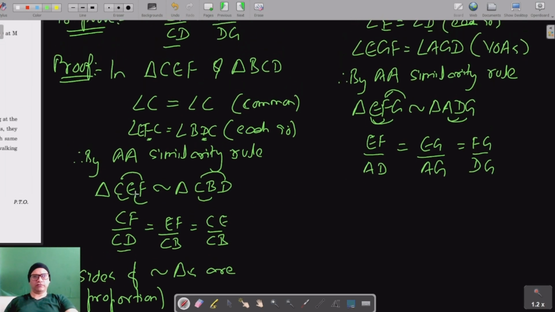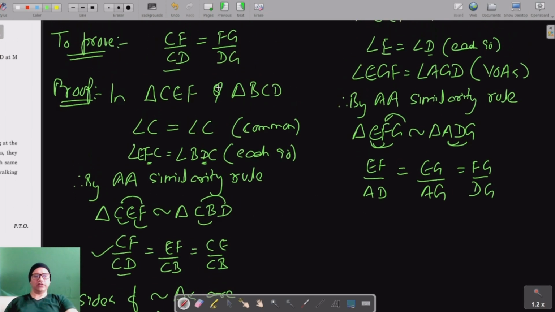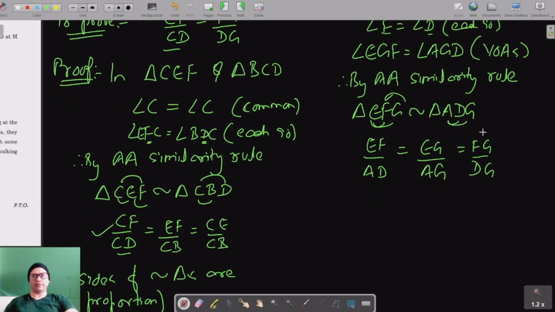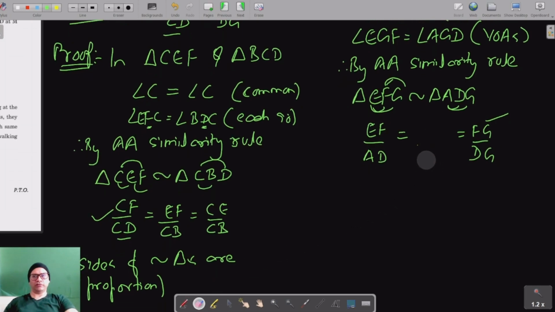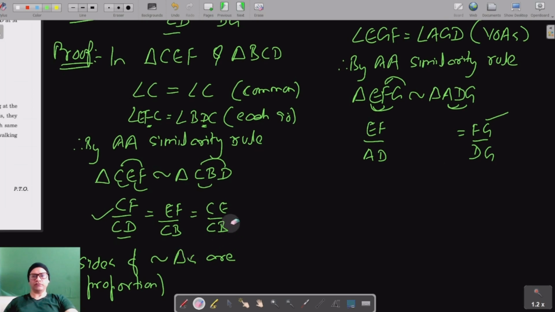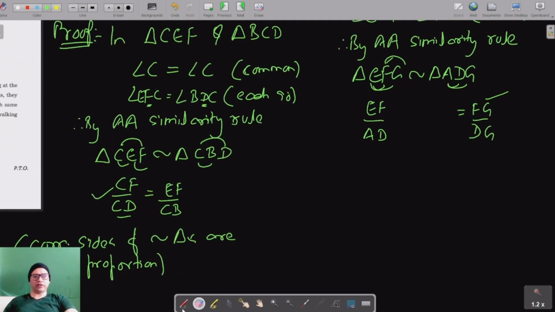Now from this, we need to keep CF by CD and FG by DG. And the common here is we will just remove this. We don't need this. So this is, and also CD by CB. Okay, now here, let's say this is our equation 1.